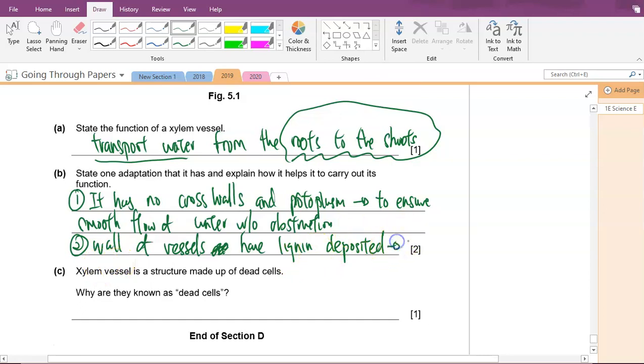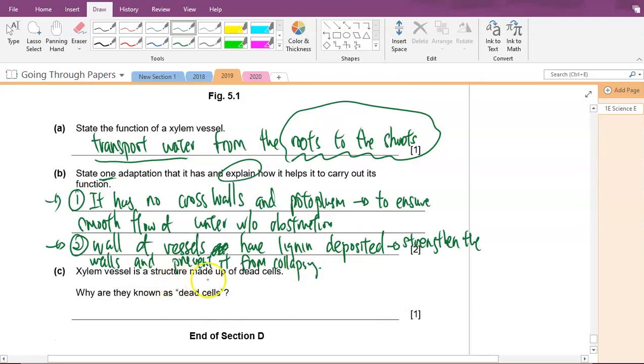So what does it actually do? As I mentioned, it helps to strengthen the walls and prevent them from collapsing. So just take note of this. There are two main functions here. You can list any one of them because they only want one adaptation and its explanation.